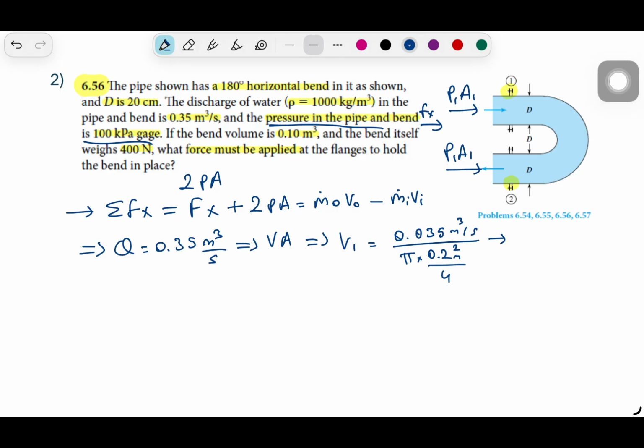And from here we can get V1 as 11.14 meter per second. And since in and out has the same diameters, they have same area, and as I mentioned, they will have same velocity. So V2 is also 11.14 meter per second.